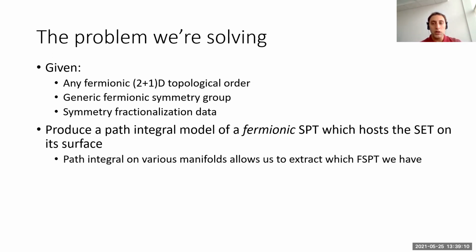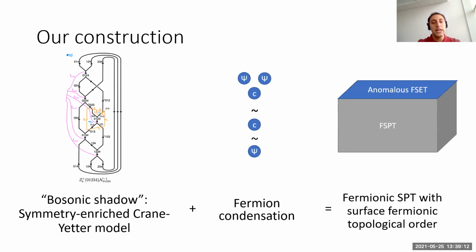The basic idea of our construction is using a notion of fermion condensation, which has been discussed by a number of people here, which I'll get to in a moment. But the idea is that we're going to start with a purely bosonic model, which is going to be a symmetry-enriched Crane-Yetter model, and I'll describe this in a moment. And then this model is going to be a 3+1D model, which has a topologically non-trivial emergent fermion in its bulk.